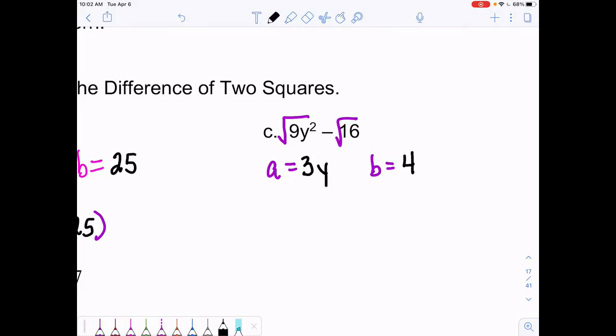That first term is both a number and a variable. It's 9y squared. So 3y times 3y makes 9y squared. So make sure you're taking the number and the letter. Both of them go together. And then he gave me the square root of 16, which is 4. So Jason, 1 with a plus, 1 with a minus. What's that going to look like?